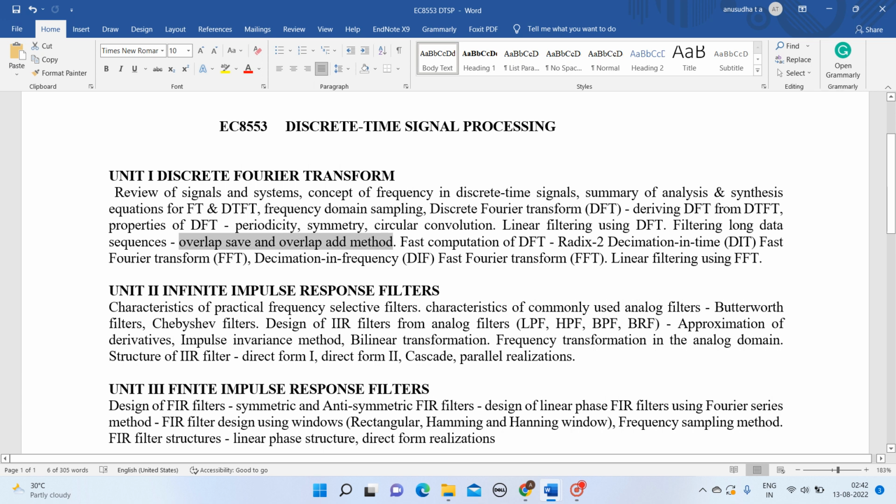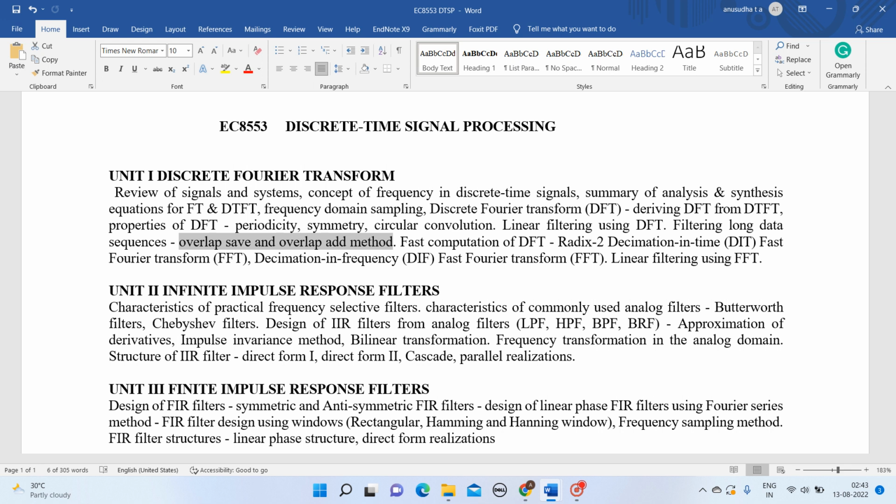Or if they ask for the butterfly method, you have to use the butterfly method only. In radix 2, there are again two divisions, decimation in time and decimation in frequency. Both methods are different for solving the radix 2 based DFT problem.